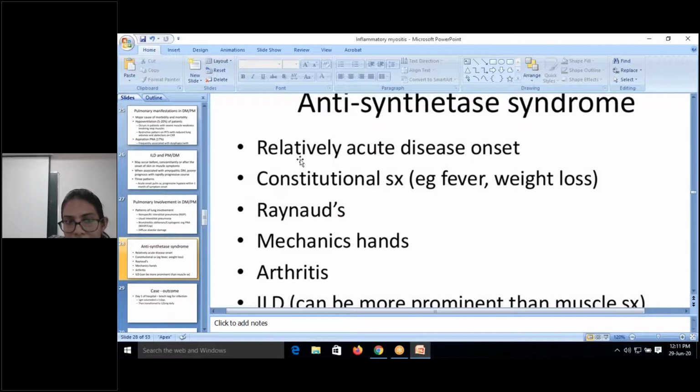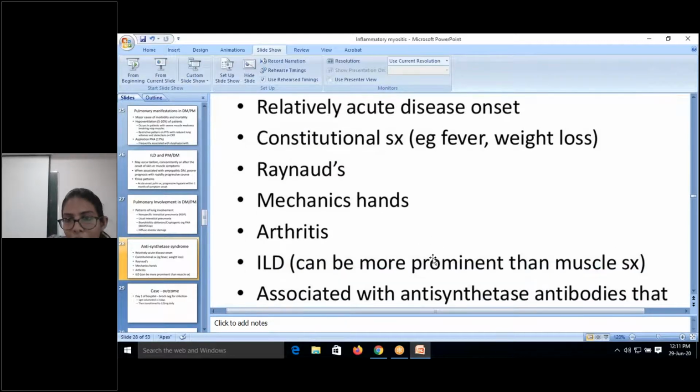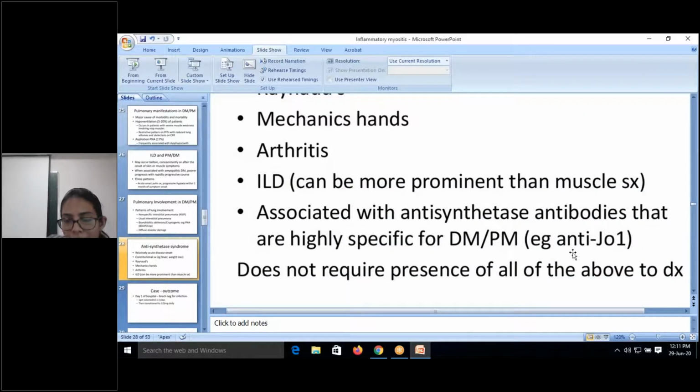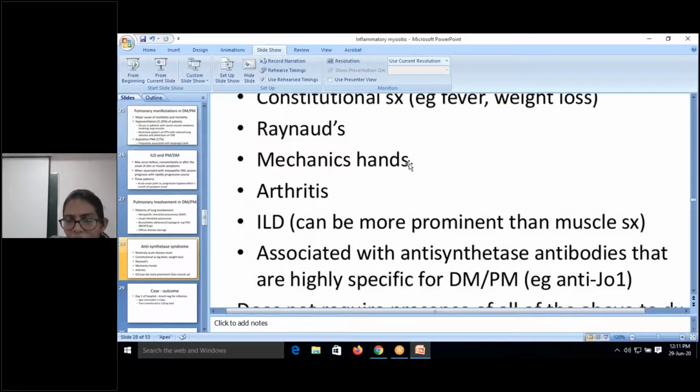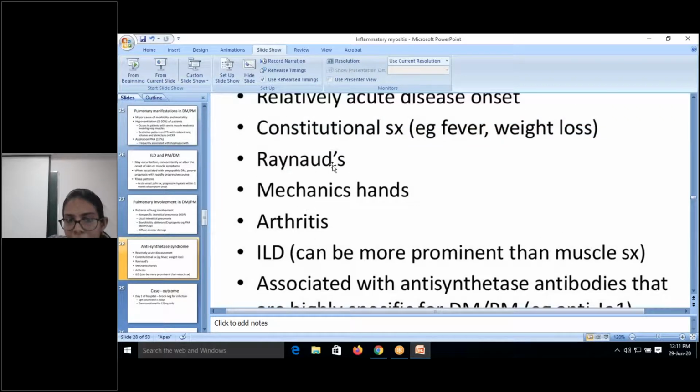Antisynthetase antibody, like I told you, is a group; the most common among those is anti-Jo1, and it does not require all of these to diagnose. It can have just this one, and if you have Jo1 or any antisynthetase antibody, you can diagnose a case of antisynthetase syndrome.